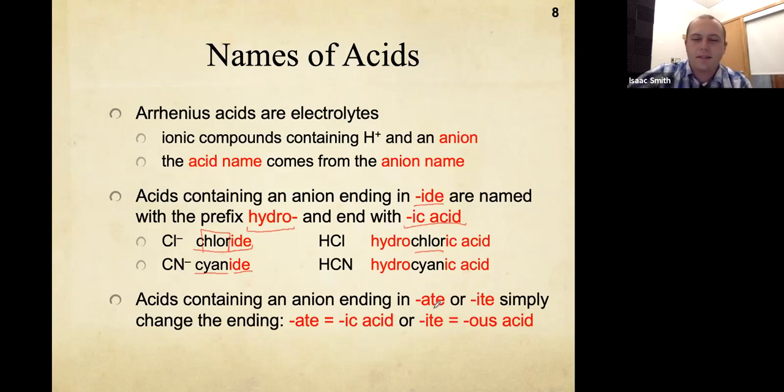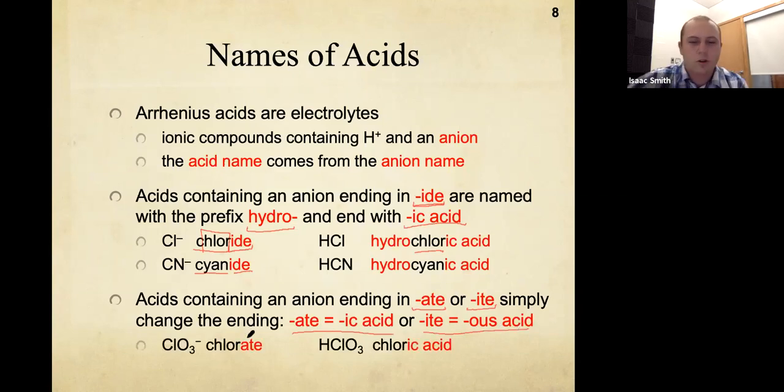the last bullet point here is if it ends in ATE or ITE. So you basically have 3 situations: either it ends in IDE, ATE, or ITE. If it's ATE, it's going to be converted into ic acid, and if it's ITE, it's going to be an us acid.